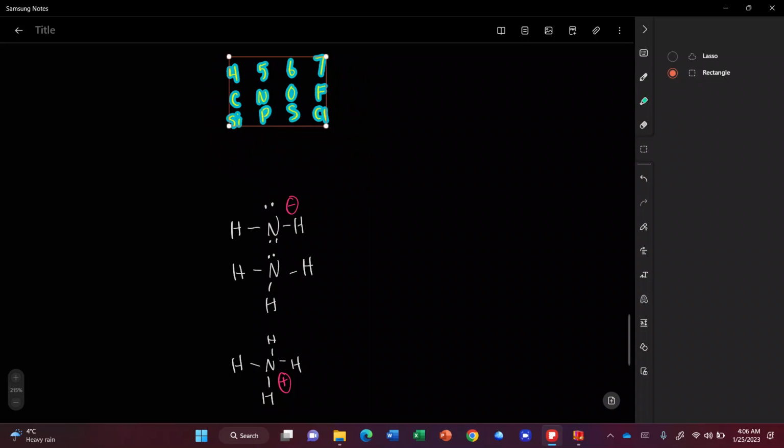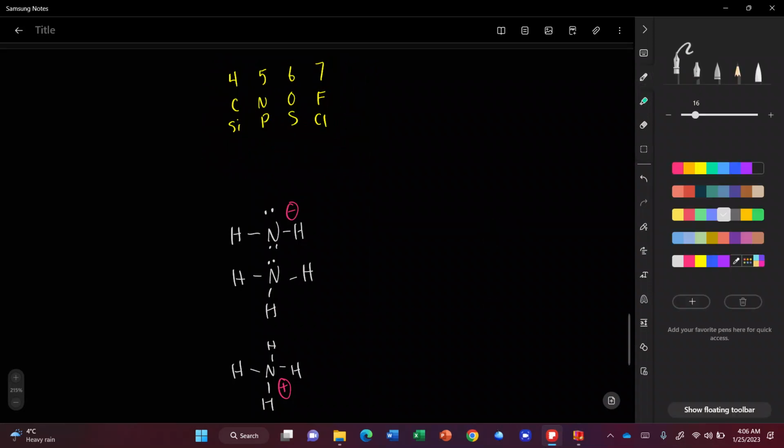So, make that a little bit tinier. Alright, so I'm going to draw oxygen with only 1 hydrogen, with 2 hydrogens, or with 3 hydrogens. So basically just with 1 bond, 2 bonds, or 3 bonds.